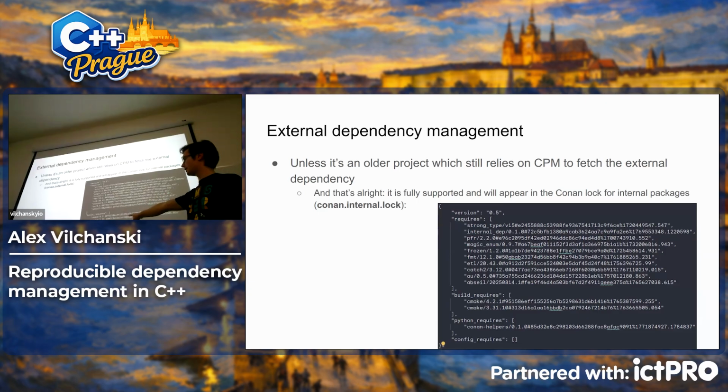So Conan helpers is basically a Conan package that contains a conanfile which exports some Python functions. And I can then import these Python functions in my project that uses this lock file, for example, and I can call them normally.